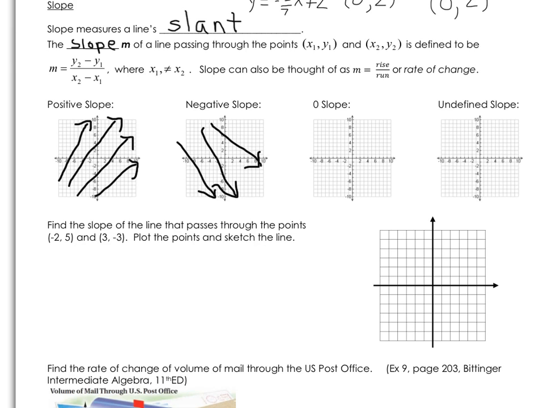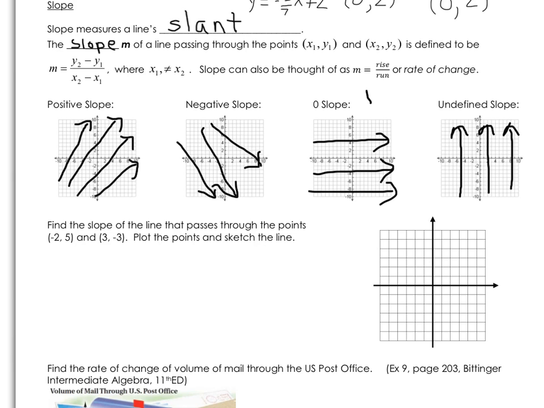Zero slope. There is no slope. We just saw an example of that: y equals 2. Zero slope, horizontal lines. Undefined slope is where x1 equals x2. It's where you have a vertical line. Any vertical line has an undefined slope.